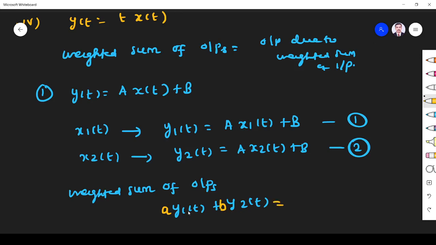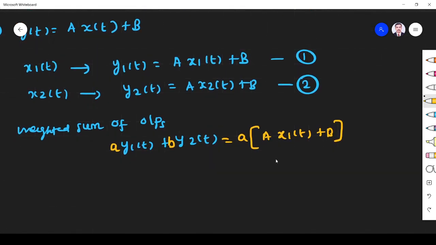So a into y1 of t gives a into a x1 of t plus b, plus b into y2 of t, which gives b into a x2 of t plus b. This is equation number 3, the weighted sum of output.